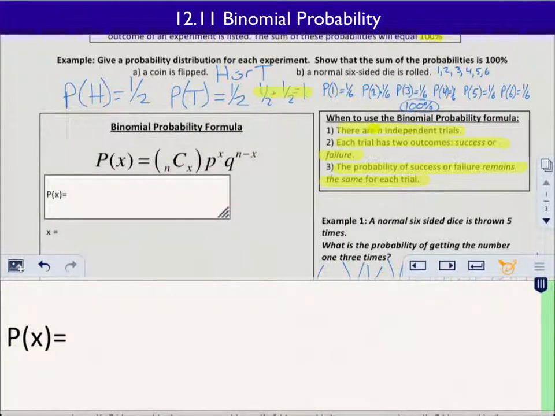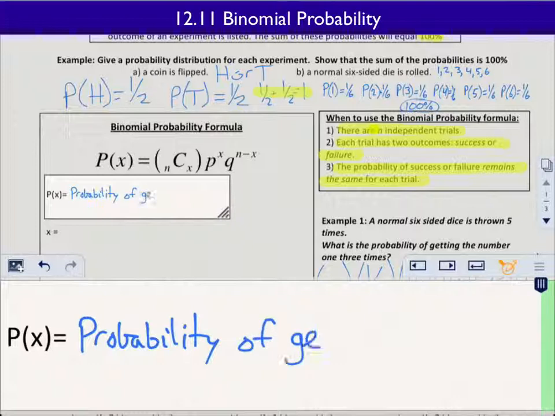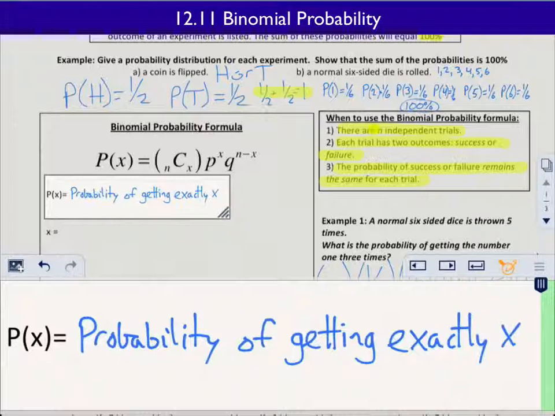So P of x is the probability of getting exactly x successes.